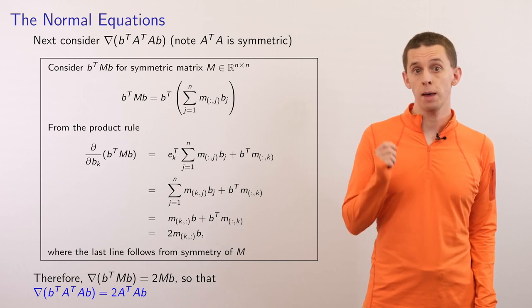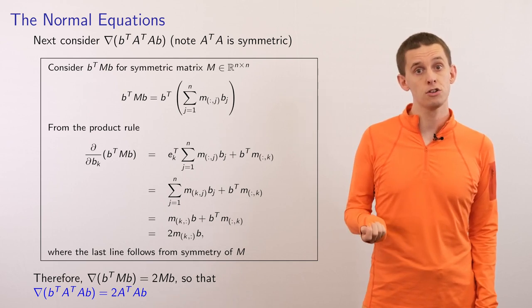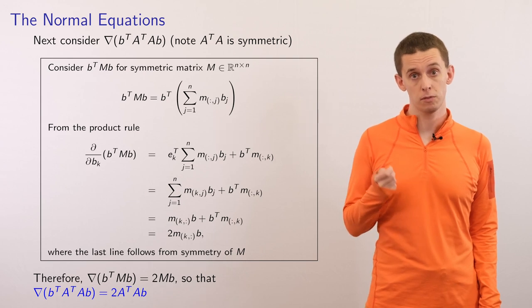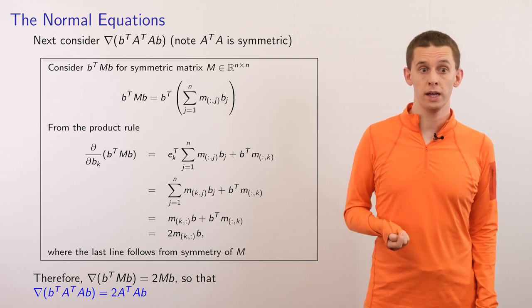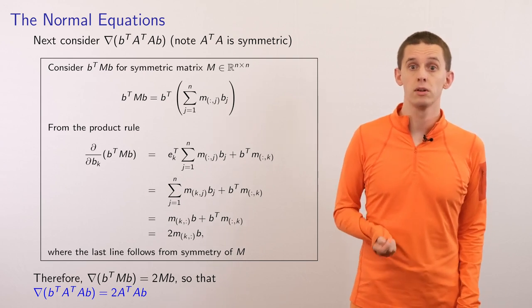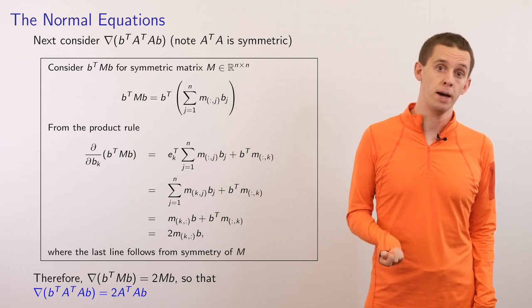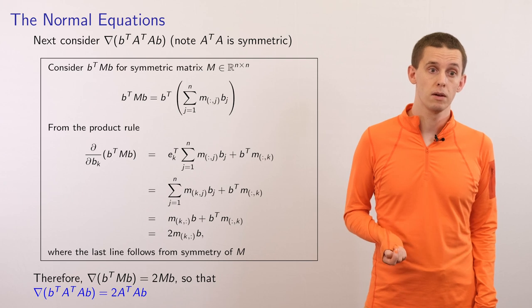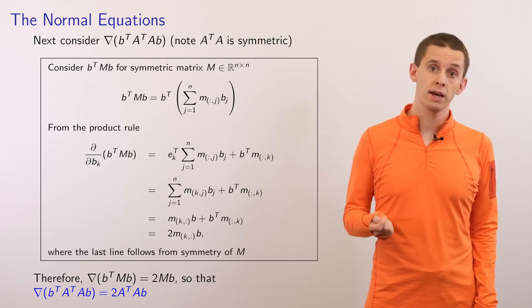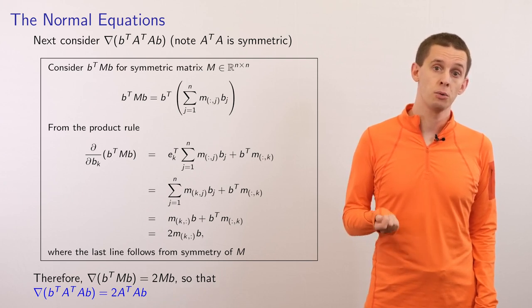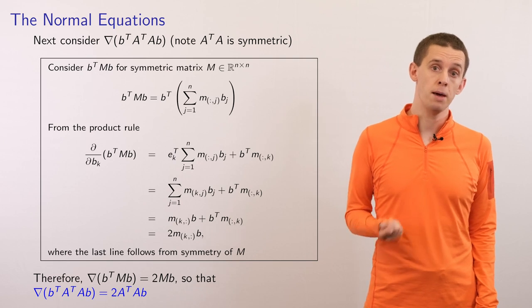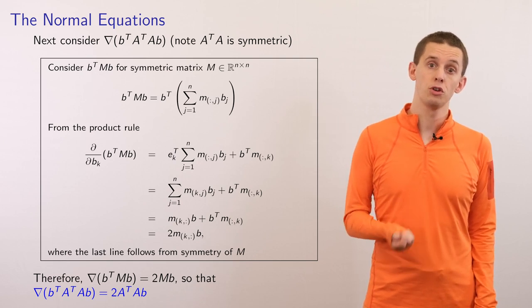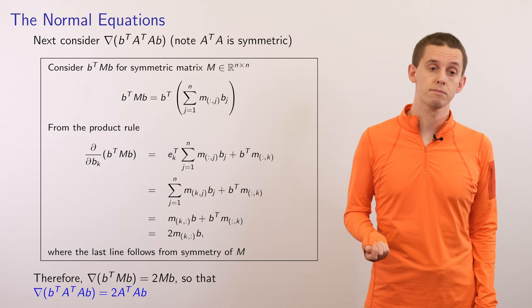Because M is symmetric, we can actually combine these two terms into the same thing. And so we're left with 2 times the kth row of M multiplied by b. And so we find that the gradient of b transpose M b is just equal to 2Mb.